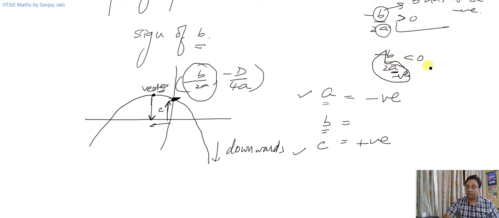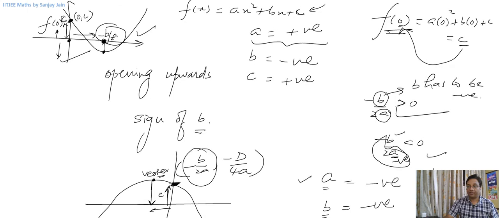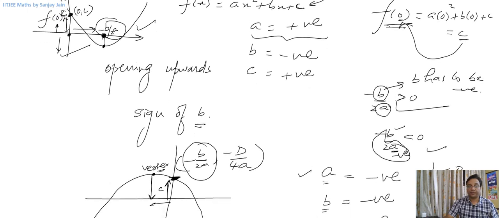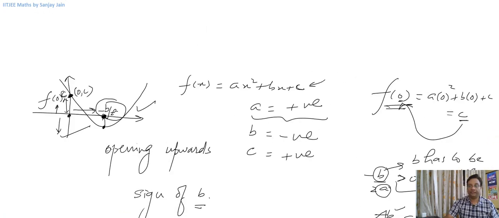So to satisfy this inequality, b has to be negative. So b is less than 0. You can observe it like this. Now let me take one more graph for you to understand the signs of a, b and c.